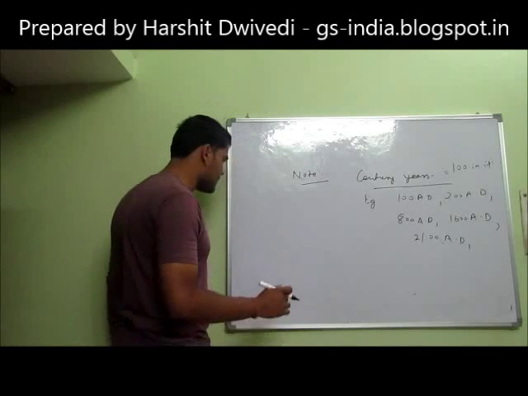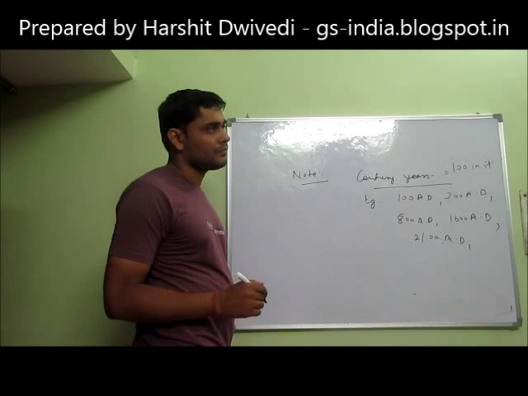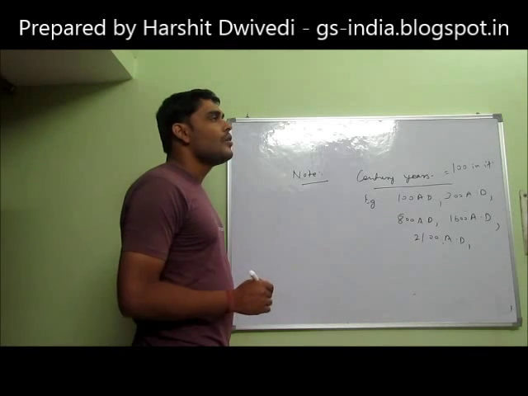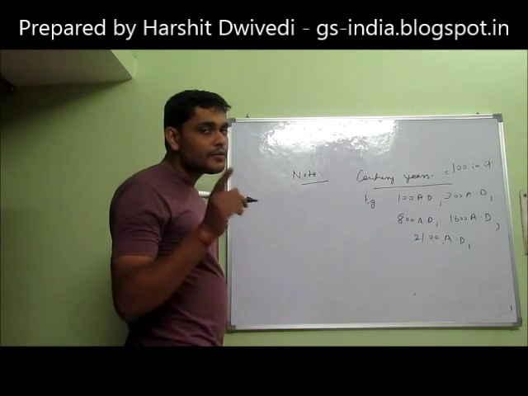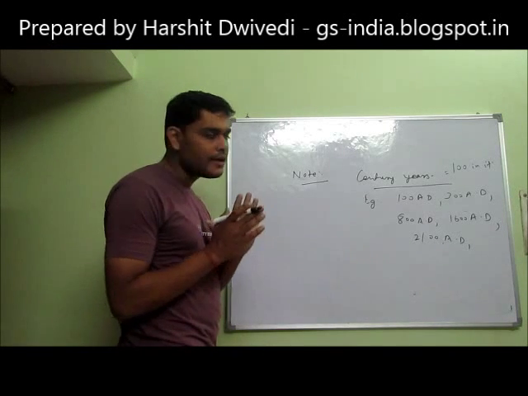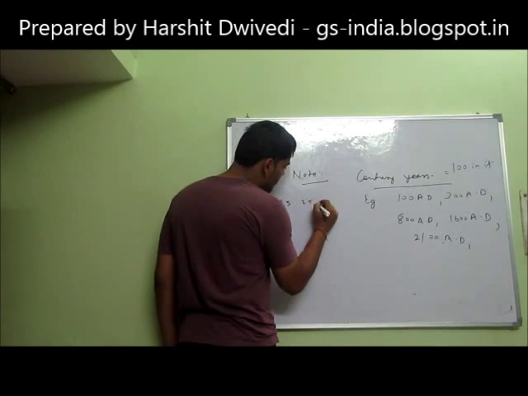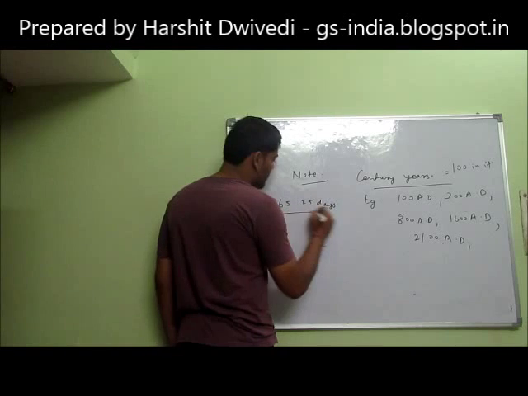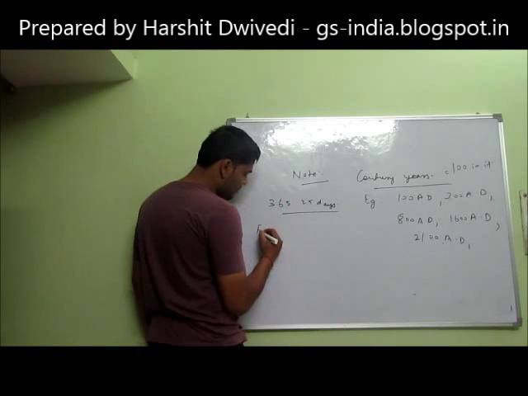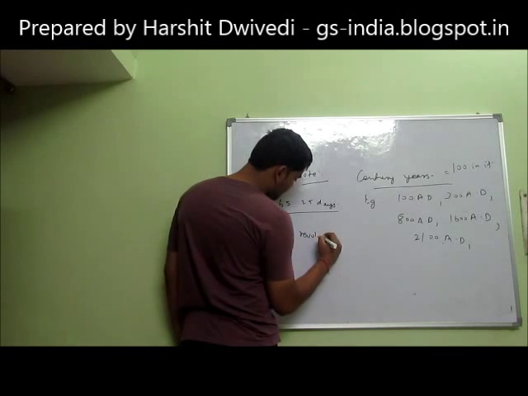The reason behind this is that I told you, in terms of normal days, that is, 24 hours in a day, it takes approximately 365.25 days for Earth to revolve around the Sun.